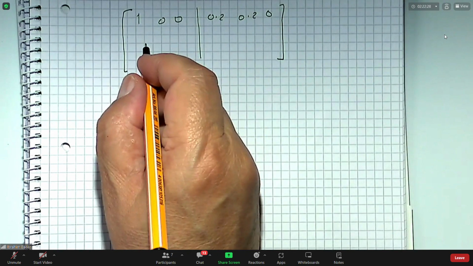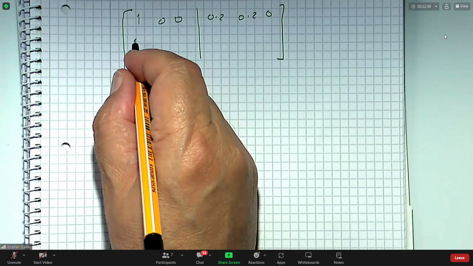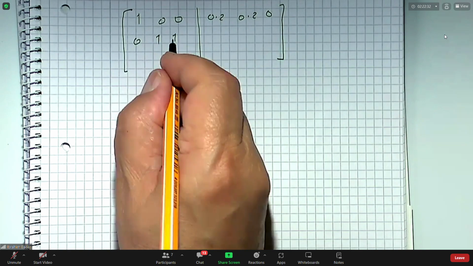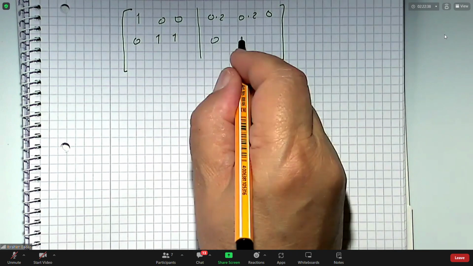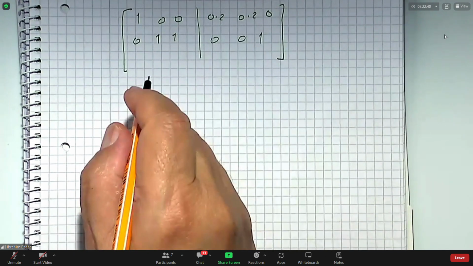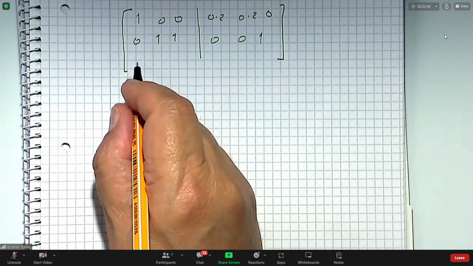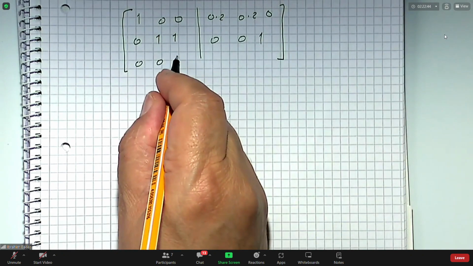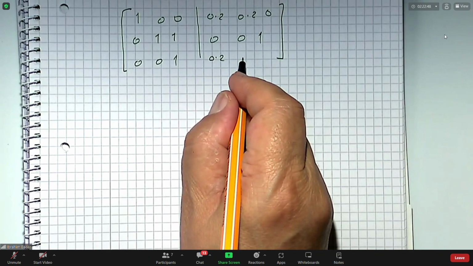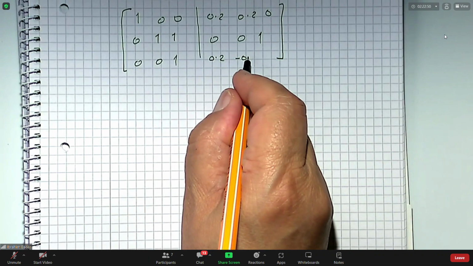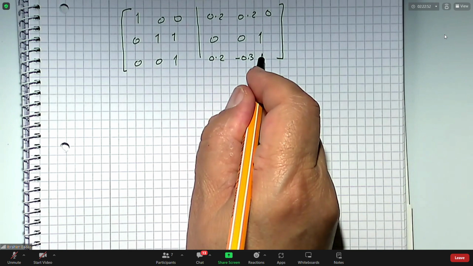Now I have 0 1 1 to the left, and then I have 0 0 1, and now the last position I have 0 0 1, and here I take the values from the second to the third row.